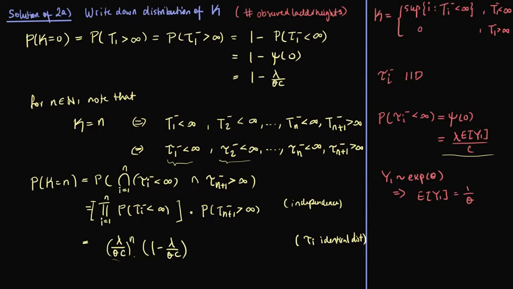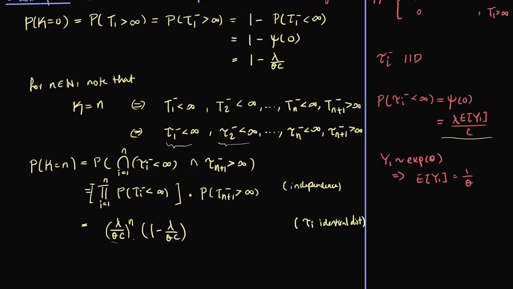What we can also note is that k is actually negatively binomially distributed with parameters 1 and lambda divided by theta c. It depends on what your parametrization is for this to make sense. I think in Schmidli they actually write 1 and 1 minus lambda over theta c.